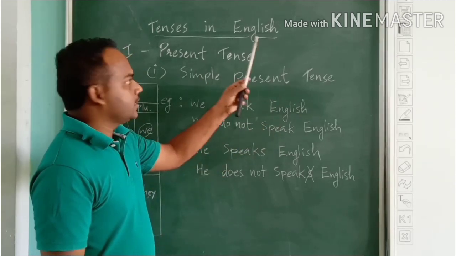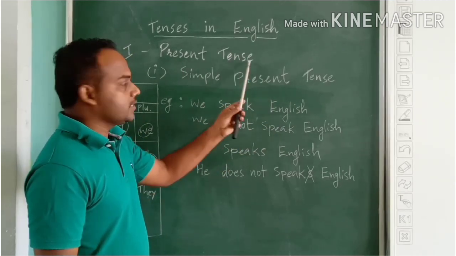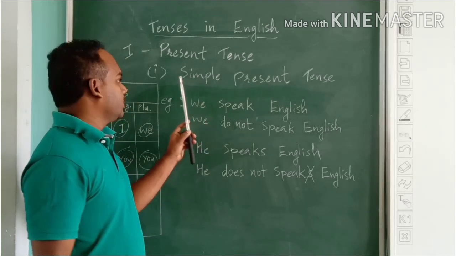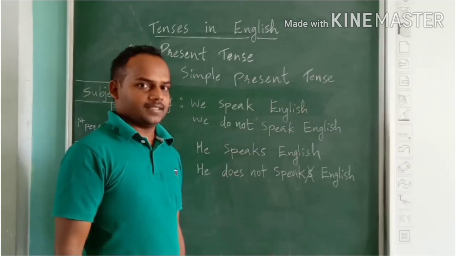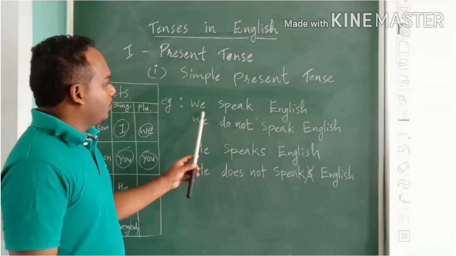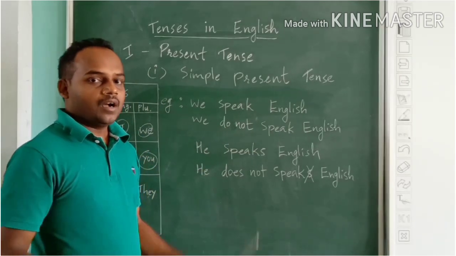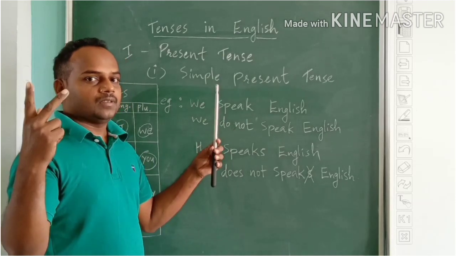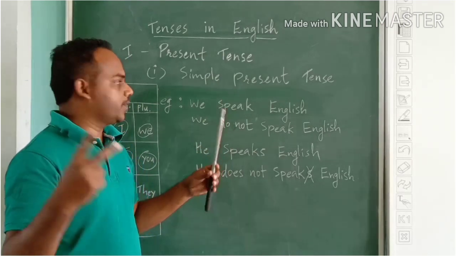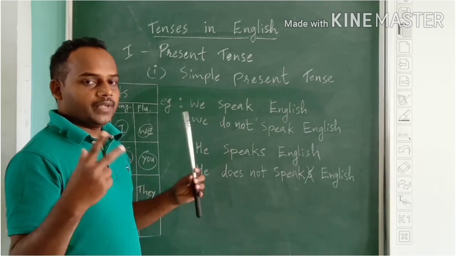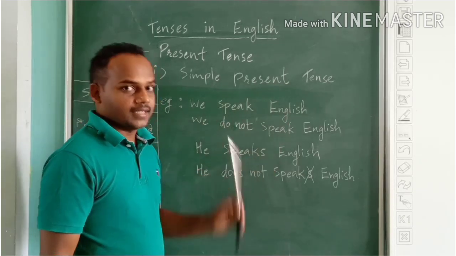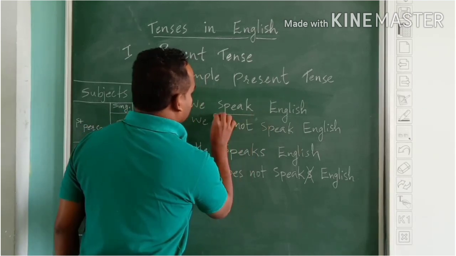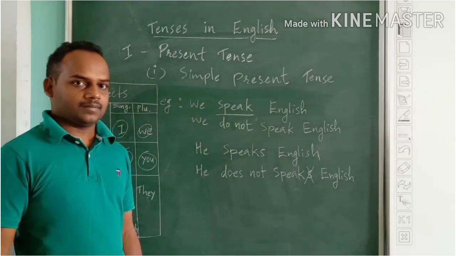We are talking about English tenses, and the first one is present tense, and the present tense is classified into four categories. The first one is simple present tense. Ready? We speak English. How can we identify a sentence in which tense? We can identify the tense of a sentence by looking at the verb of the sentence.